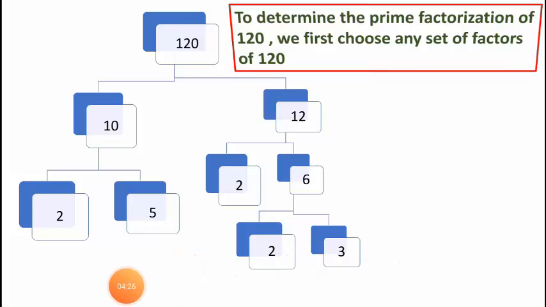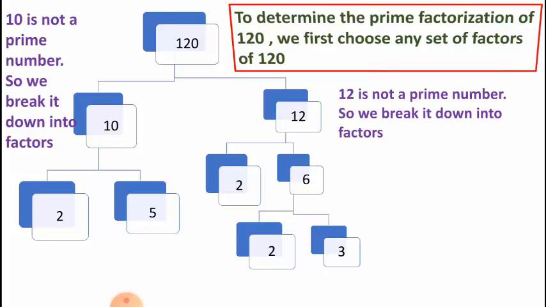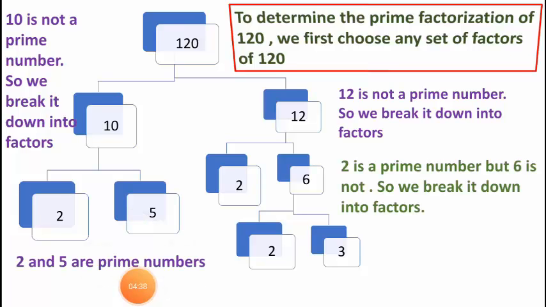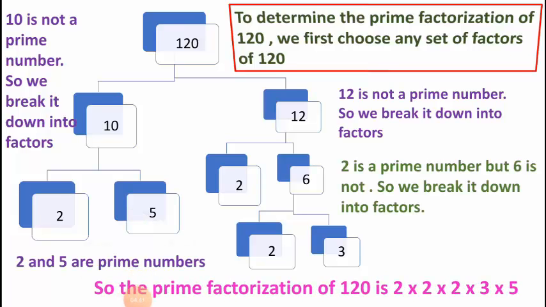Now you can see we have completed the factorization, as everywhere we have obtained the factors in terms of prime numbers. So children, now we'll express the prime factorization for the given number 120. For this we will consider all the numbers expressed as prime numbers present in the factorization list.